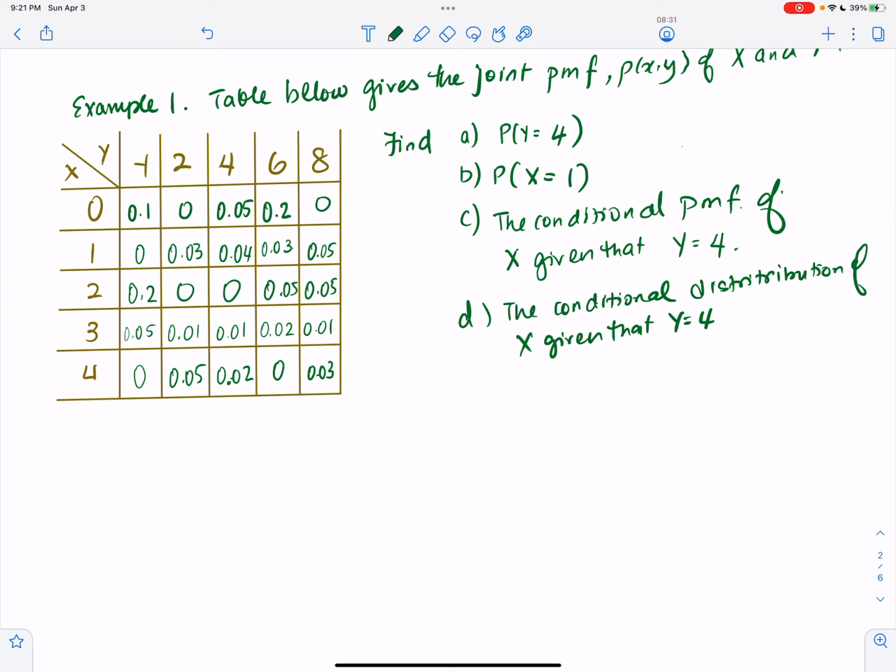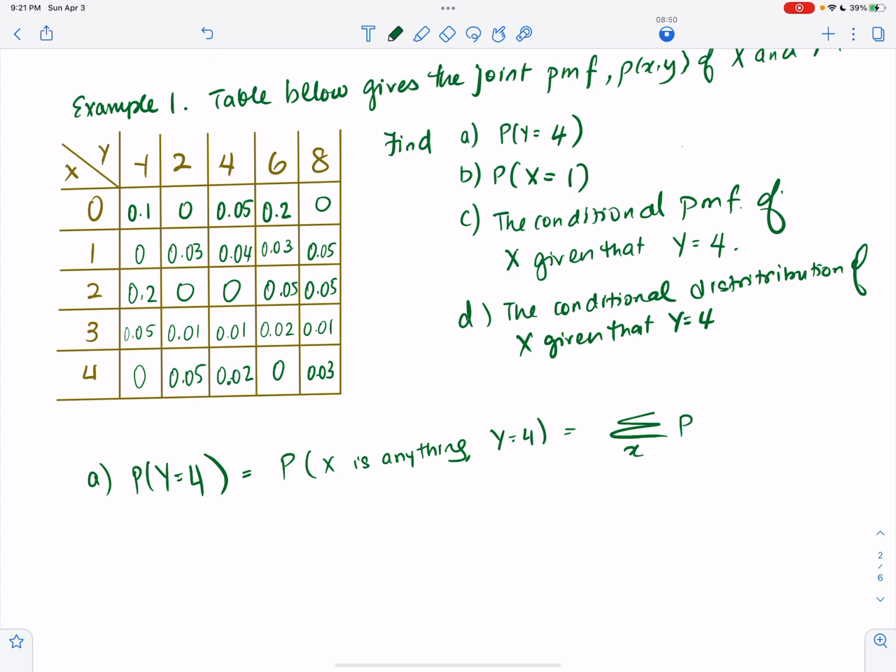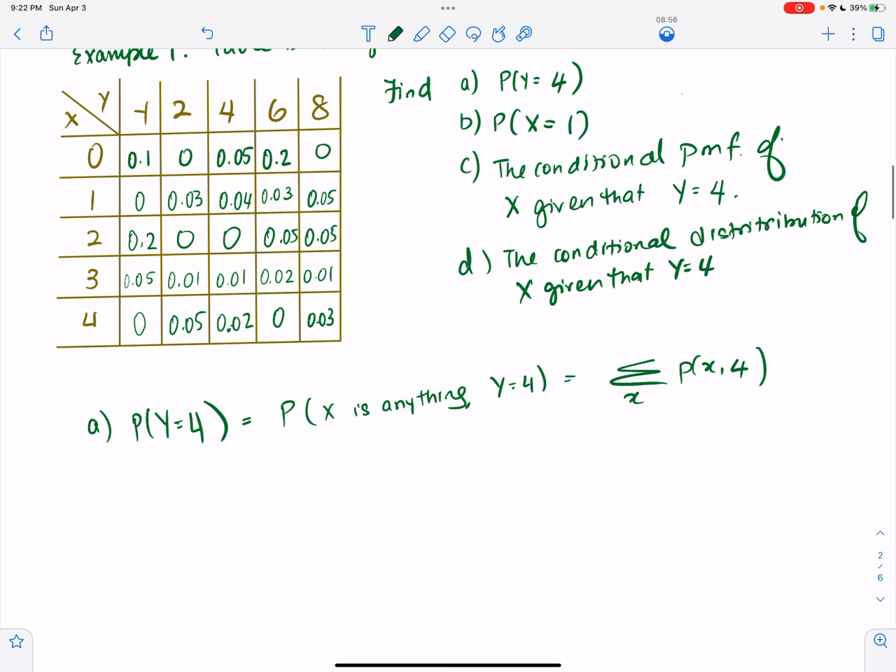Okay, so let's take the first one. What is the probability y equals 4? You know this is the probability that x is anything and y is 4. So sum up over all the possible values of x the probability mass function P of x comma 4.